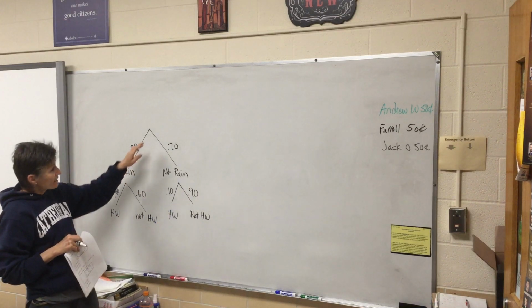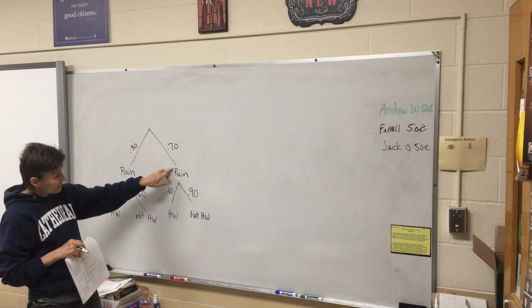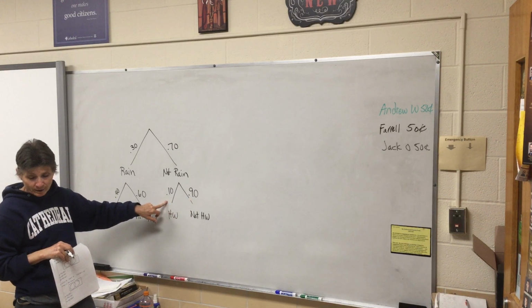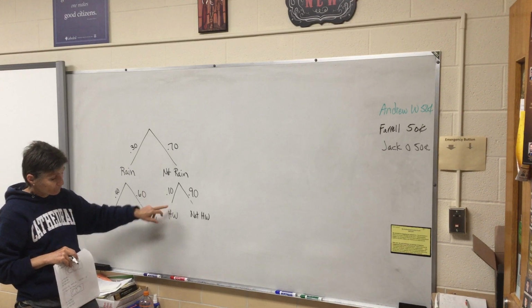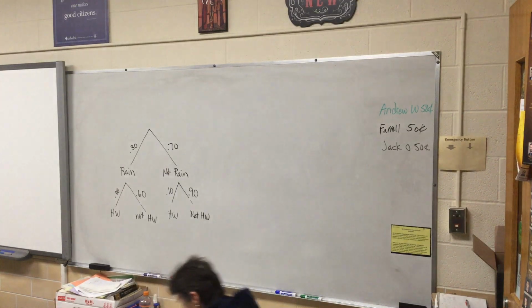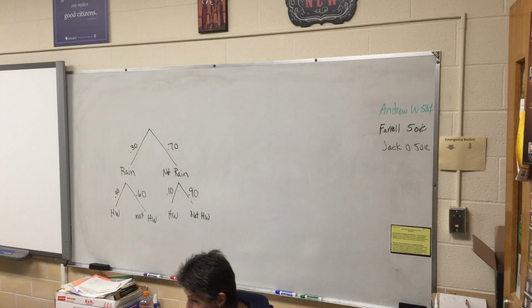So in other words, if it doesn't rain, there's a 90% chance that he's not going to do his homework, because there was a 10% chance that he would. Does anybody have a question about any of those numbers, why those numbers are in that spot? Because now we're going to answer the question.